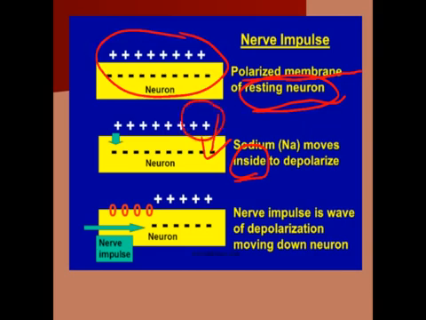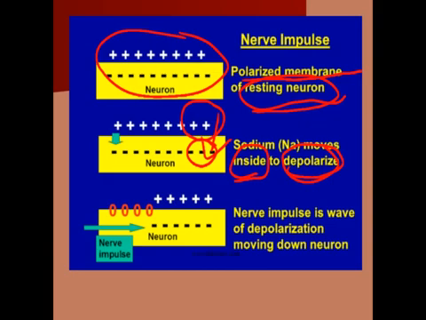Positive charge outside the cell decreases, negative charge inside the cell decreases. If these two decrease, the potential difference between the extracellular part and the intracellular part also decreases. When this potential difference decreases, the condition moves to the depolarization state, as the positive charge and negative charge difference is decreased.